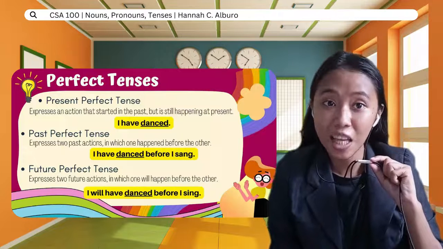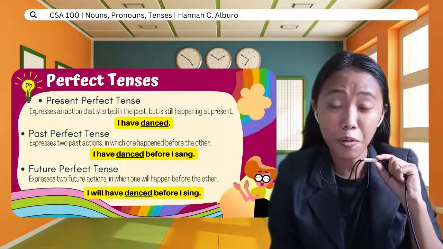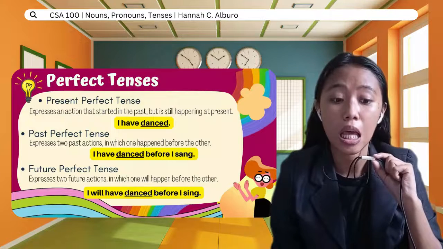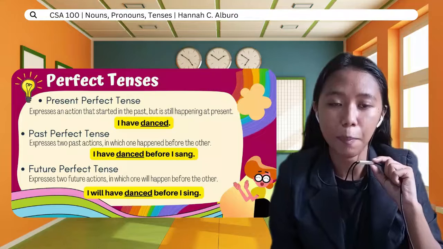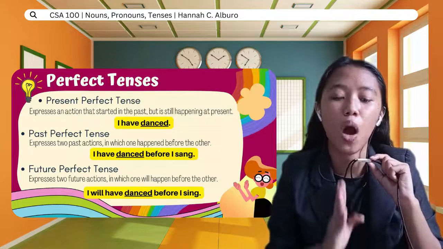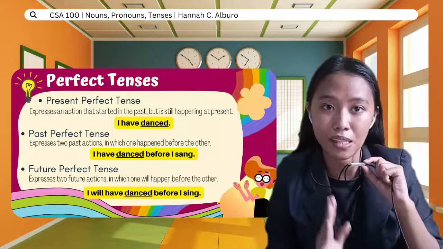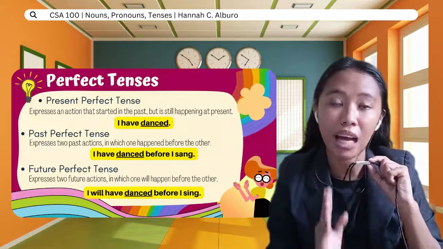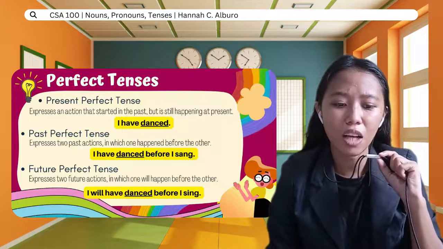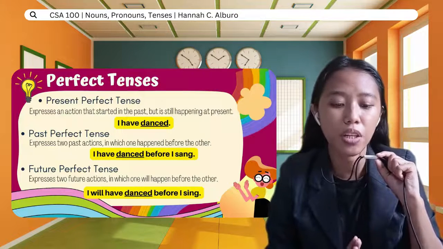Even though it is in the present, because it is perfect, the verb should be in the past participle, danced. Have is our linking verb in the perfect tenses: have, has, had.